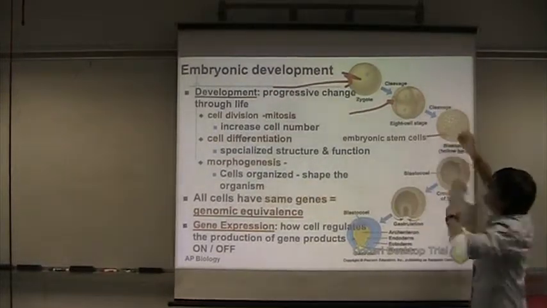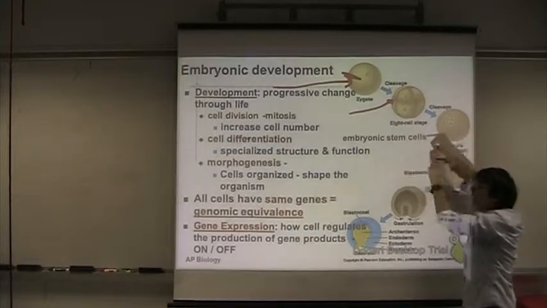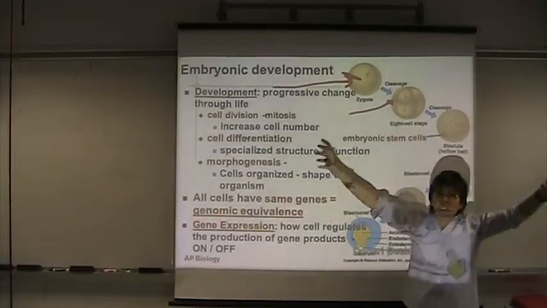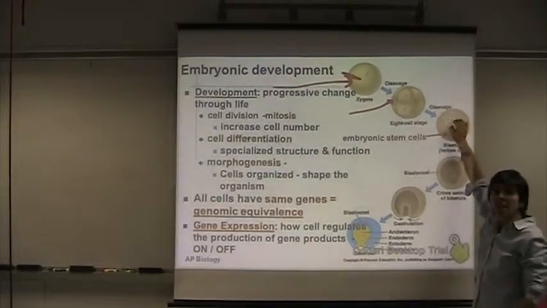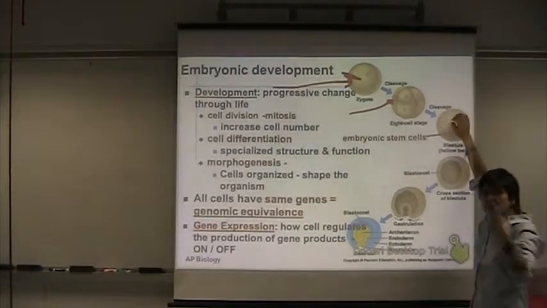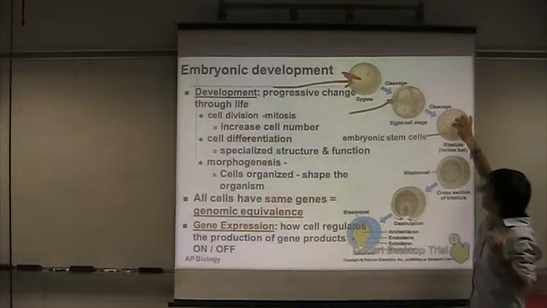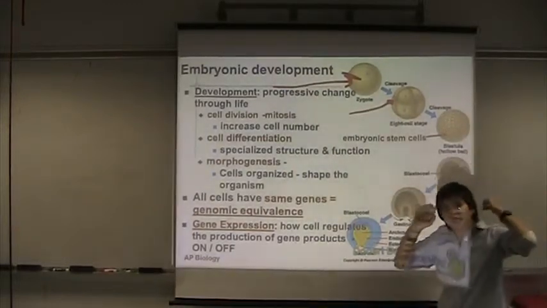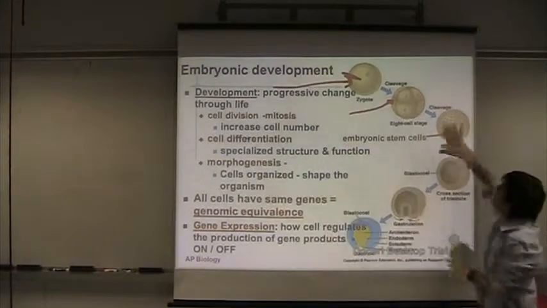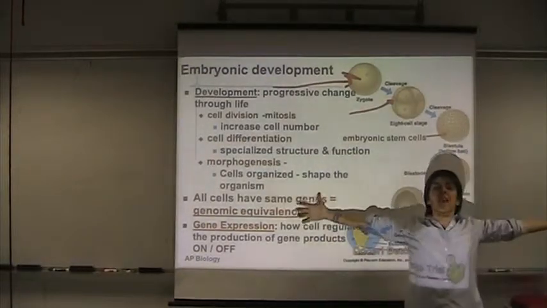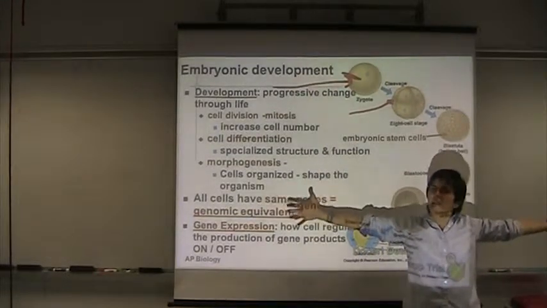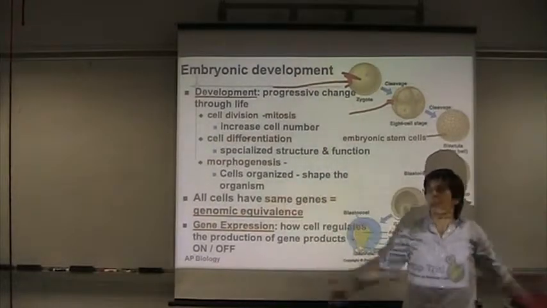I can mechanically, manually separate all these 100 cells, and if I give them the right signals, each one of these cells can become any type of cell, because in all these cells, the DNA is totally on.